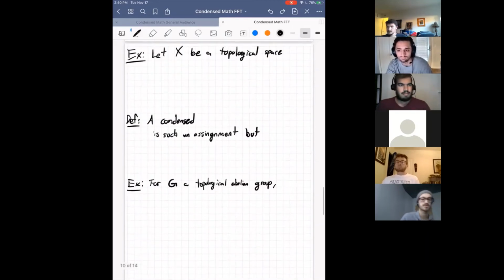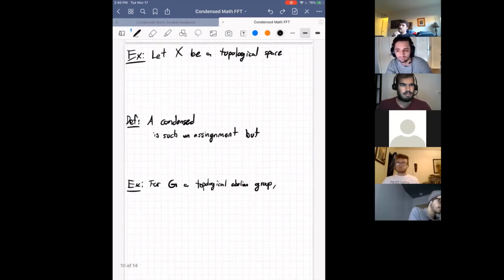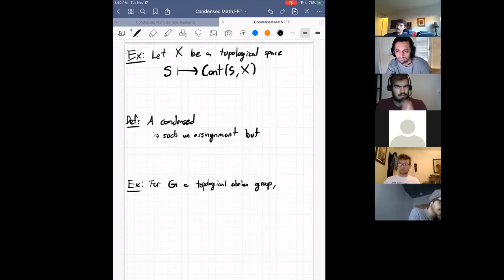So let's do an example. For X any topological space, the assignment S to continuous maps from S to X is a condensed set.